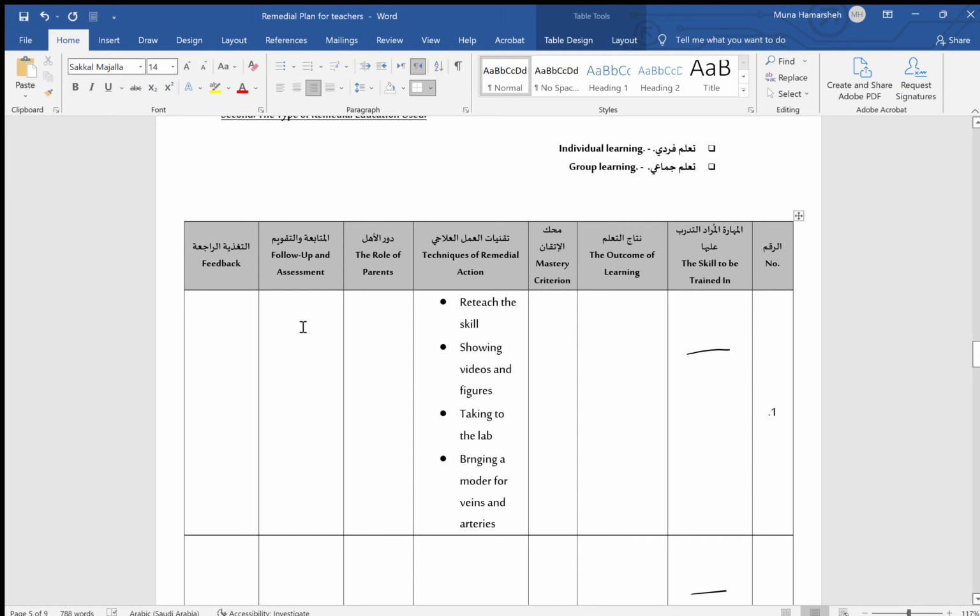Follow-up and assessment. You will follow up with the students to see if they mastered the skill or not. How will you follow up? By giving them homework questions, and if they did it, they mastered it, you will put here checked.